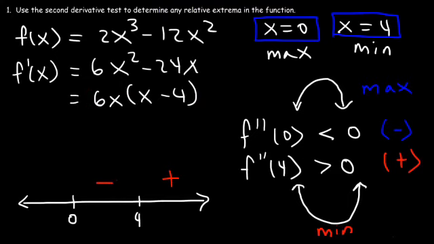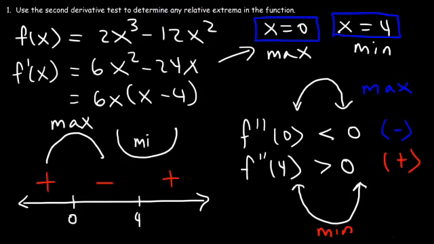Now let's plug in a number between 0 and 4. Let's try 2. 6 times 2 is positive, 2 minus 4 is negative, a positive times a negative equals a negative. Now if we plug in negative 1, 6 times negative 1 is negative, and a negative times a negative is a positive number, so going from positive to negative, the function is increasing and then it's decreasing.